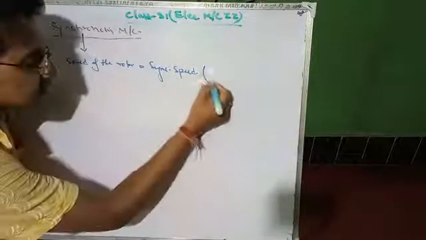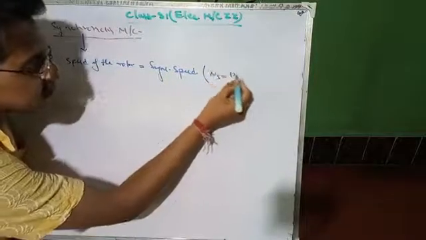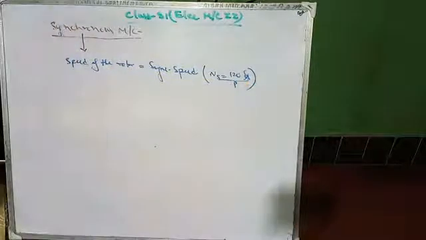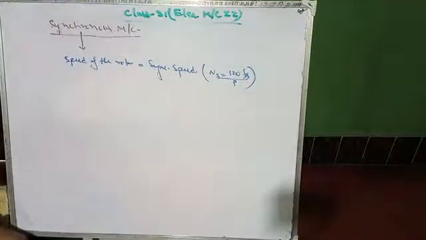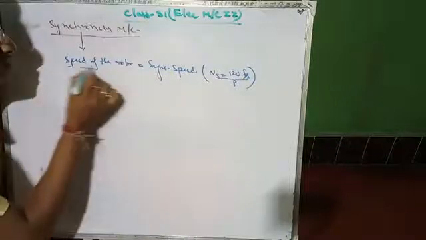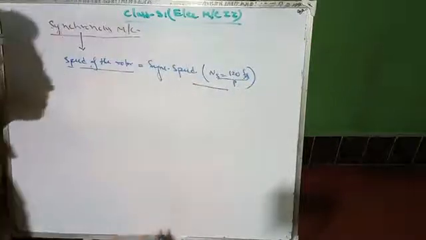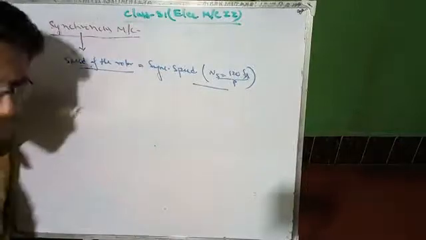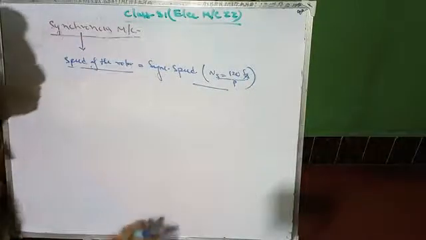Synchronous speed is Ns equals 120 fs by P. When the rotor speed equals Ns equals 120 fs by P, the machine is called synchronous.